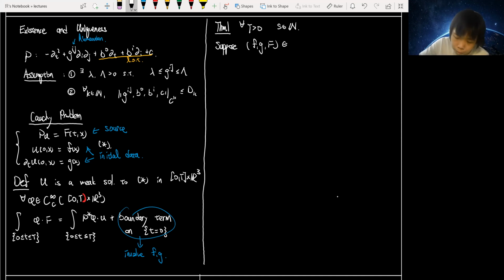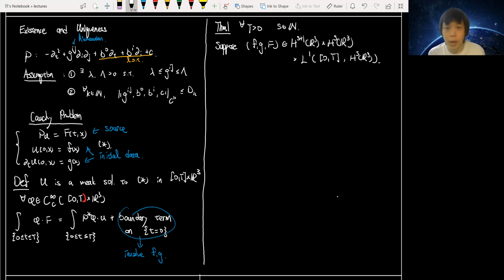For f, we assume it to be H^(s+1). For g, we assume it to be H^s. For capital F, we assume it to be L^1 from 0 to capital T, which maps to H^s(R^3). Okay, so that is the assumption.